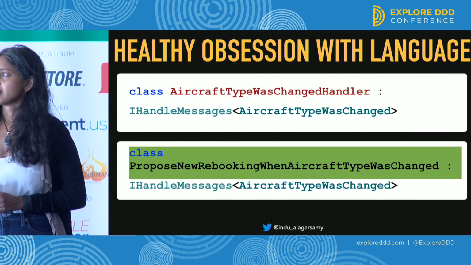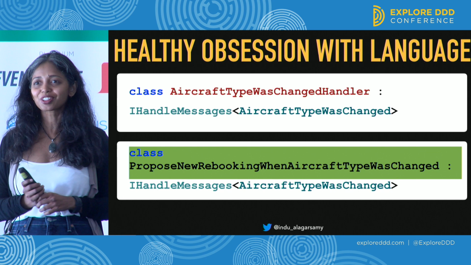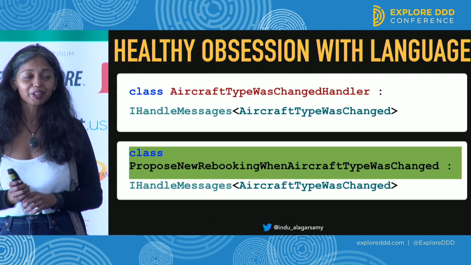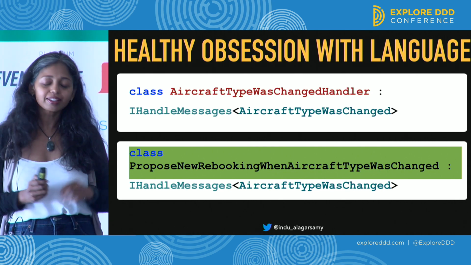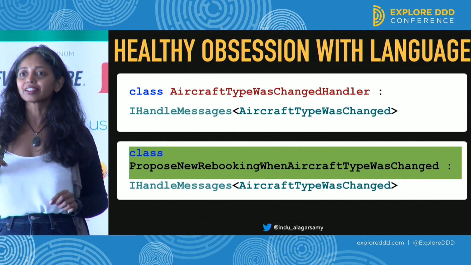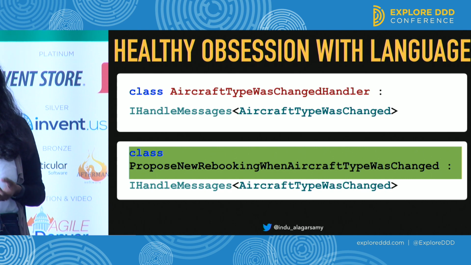Also, as Matthias likes to call it, have a very healthy obsession with language. I've watched enough of his talks, so I'm borrowing the term. Have a very healthy obsession with language. I used to do this all the time. I have an event, I attach a handler to it, and that's the class name. But handler, what is it? It's just an implementation detail that doesn't tell you anything.